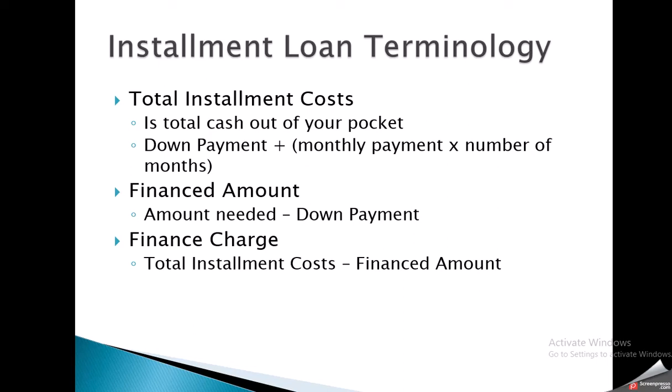So I guess that depends. If you didn't have a down payment, it would be the total installment cost minus the financed amount, which would be your total payments times your monthly payment minus how much you borrowed. Or if you're including the down payment, then you'd have to go to the amount that was needed to purchase the vehicle and subtract that from your total installment cost.